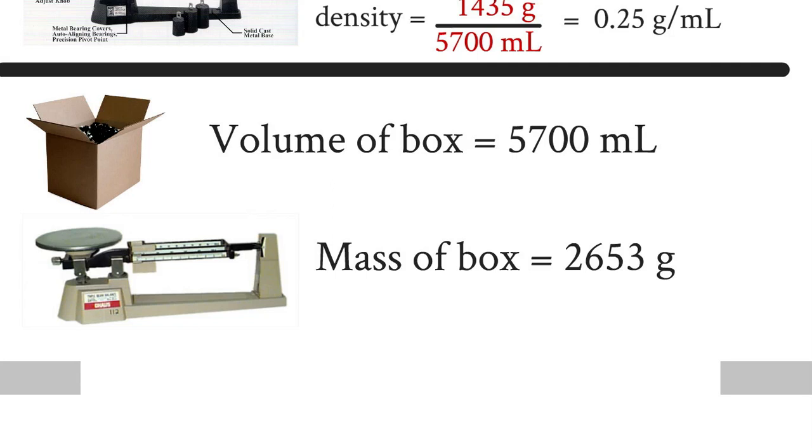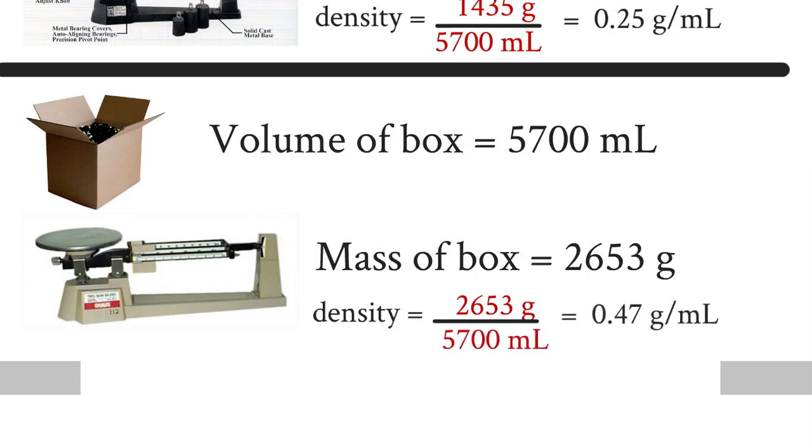So the mass is 2,653 grams. So how will this affect the density? Well, density is mass divided by volume. 2,653 grams divided by 5,700 milliliters equals 0.47 grams per milliliter.